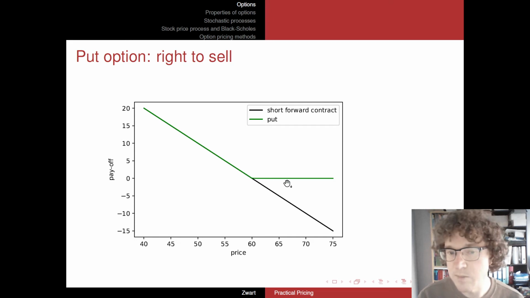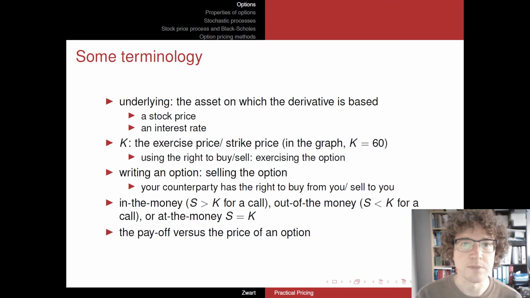But if actually the stock is worth more than 60 euros, I'm not going to use this put option contract, but rather I either might hold on to this stock or I might sell it in the market, getting the market price for it, getting no excess profits from that. So that will give me a payoff essentially of zero from the put option contract itself. So those are the call option and the put option.